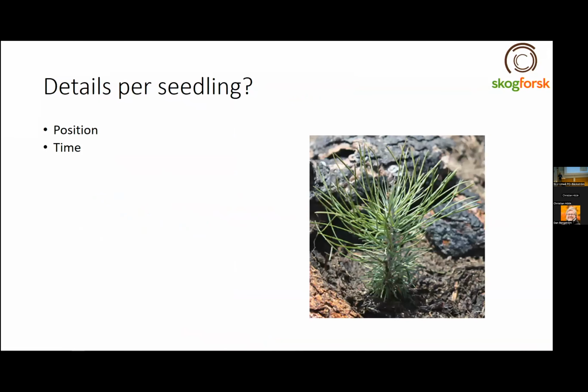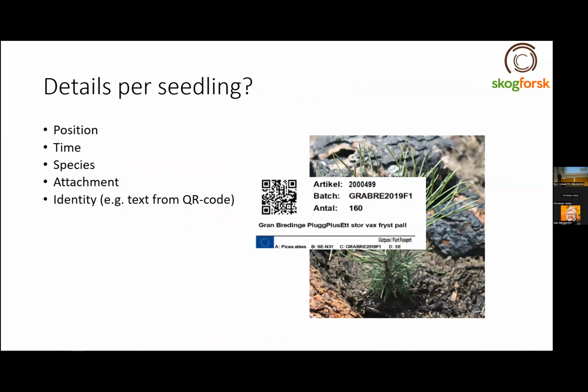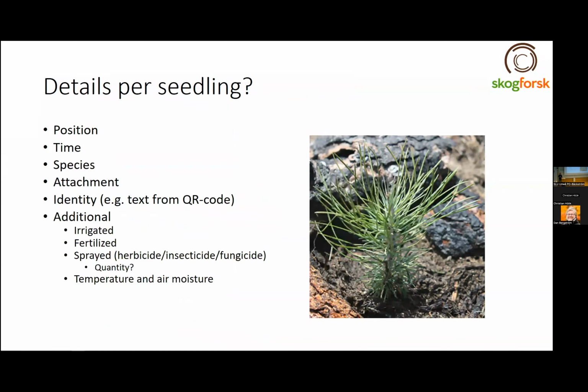Seedlings, a lot of detailed information, of course: position, time, species. We also want the reference to which attachment was used, being able to include an identity. Today perhaps a batch number, but in the future, possibly an identity on the individual seedling.